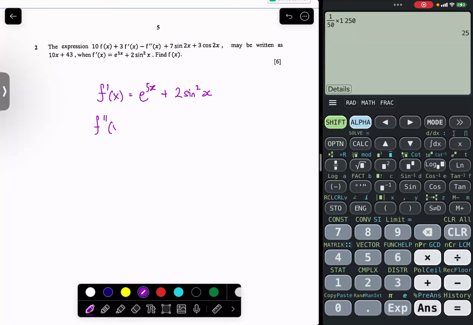F prime prime x equals 5e^5x plus 4 sine x cos x, which is actually 5e^5x plus 2 sine 2x.